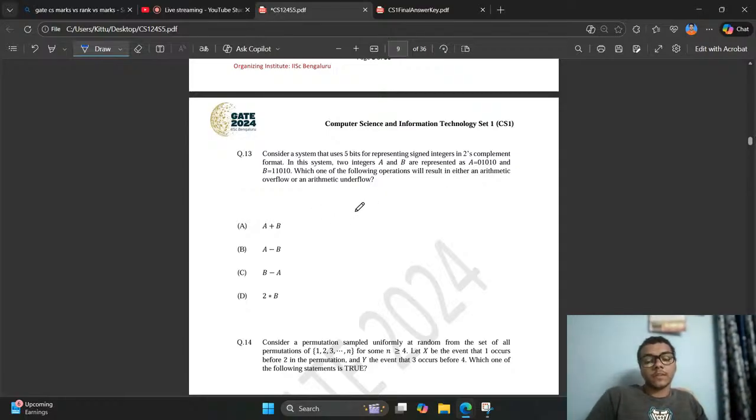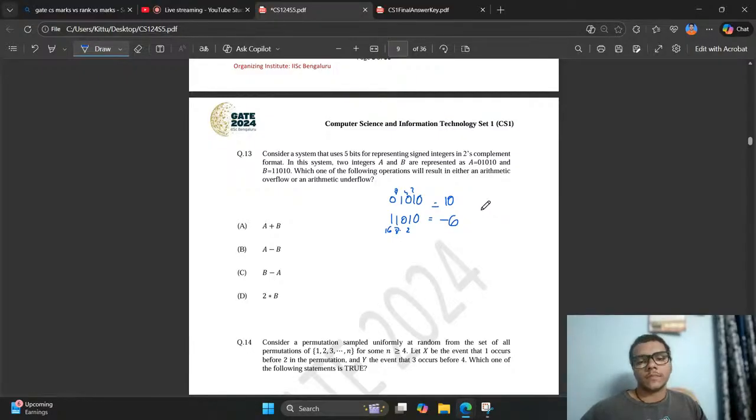5 bits for representing an integer. Okay. 0 1 0 1 0. Double 1 0 1 0. So if you do a plus b, let's convert this, 2, 4 and 8. That is 10. So this is 2, 4, 8, 16. So minus 16 plus 10, that is minus 6.